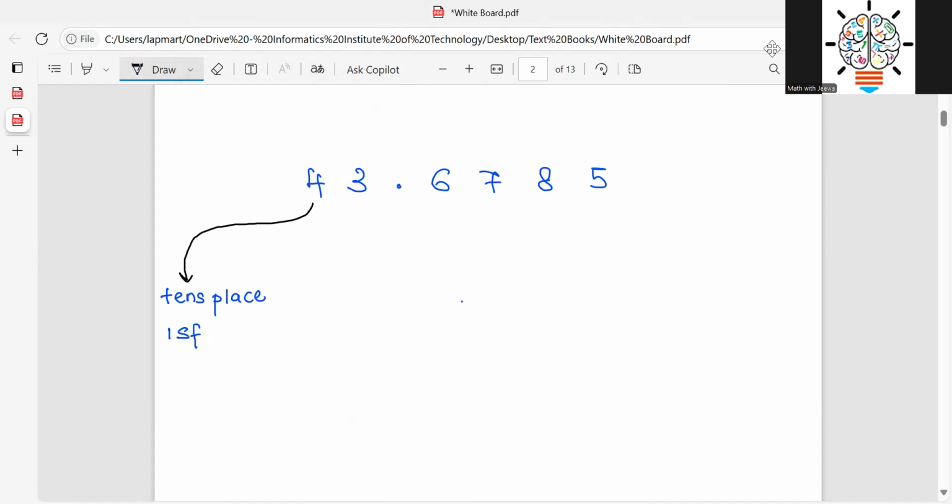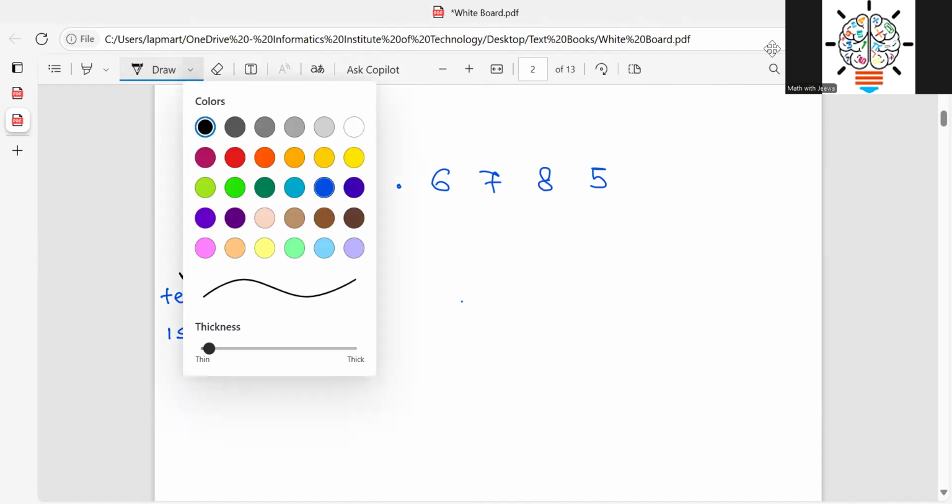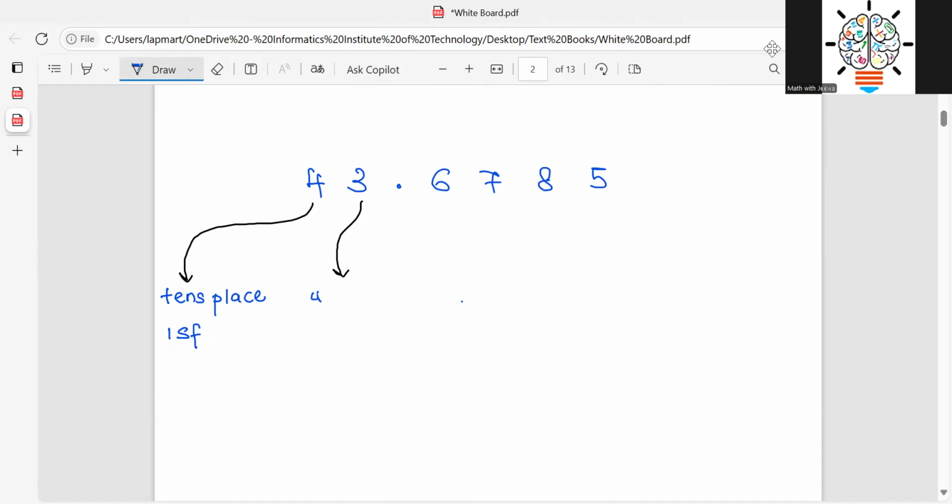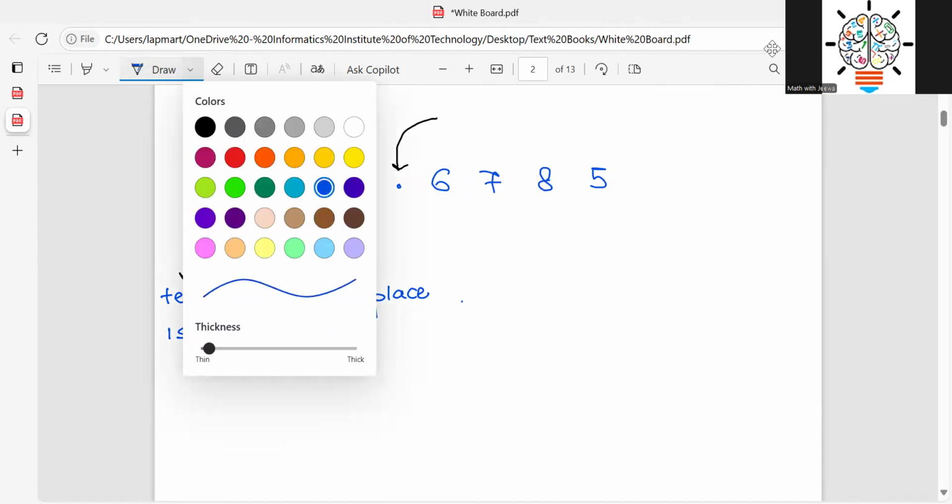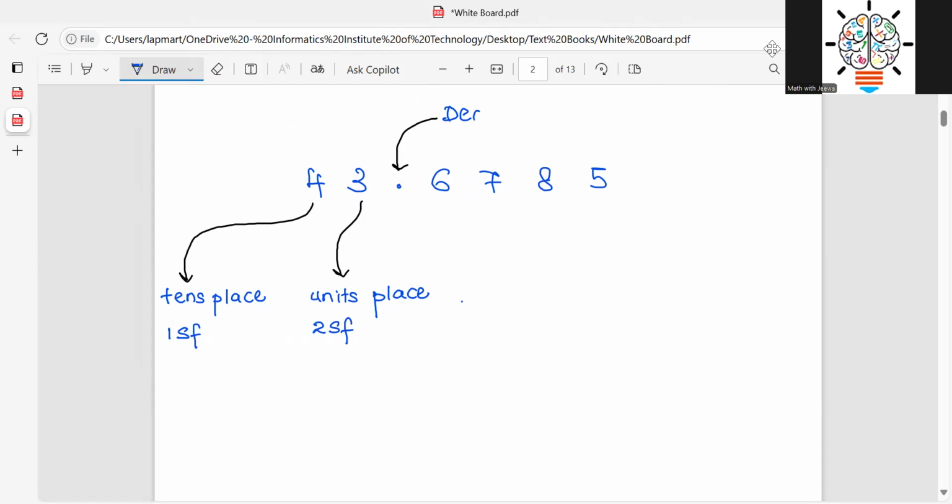If I take this one, how can I explain this? This is the units place. And this is the second significant figure in this number. And what is this? So this is the decimal point, right? We call that the decimal point.